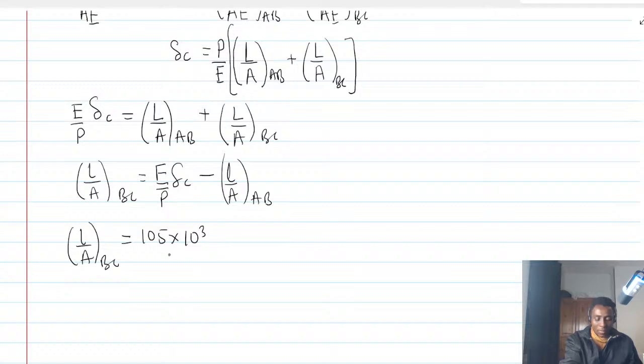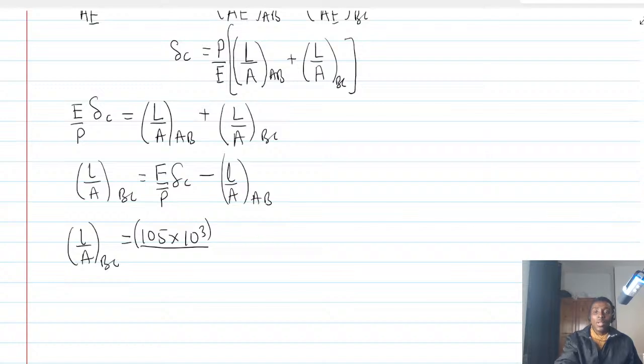Is that clear? Please, we are going to deal with millimeters, so convert the gigapascal to megapascal, because we are going to deal with megapascals and millimeters. So we know E as that.